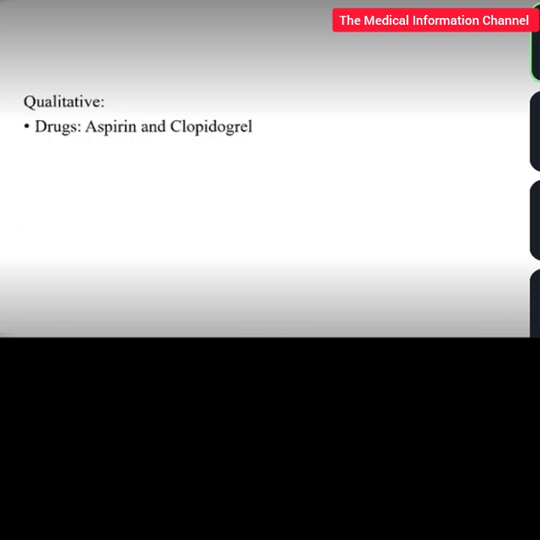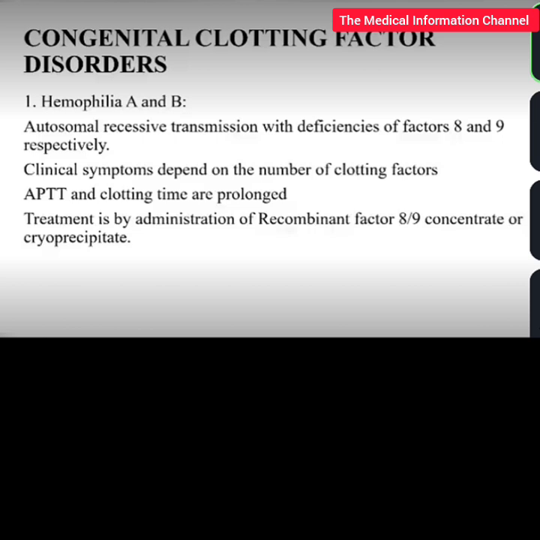And qualitative can be due to use of drugs like aspirin and clopidogrel. Aspirin irreversibly inhibits the formation of thromboxane A2, while clopidogrel also irreversibly inhibits platelet function.